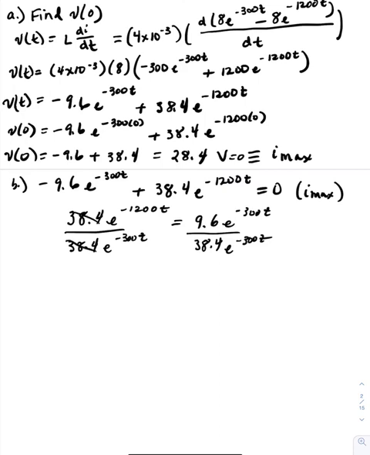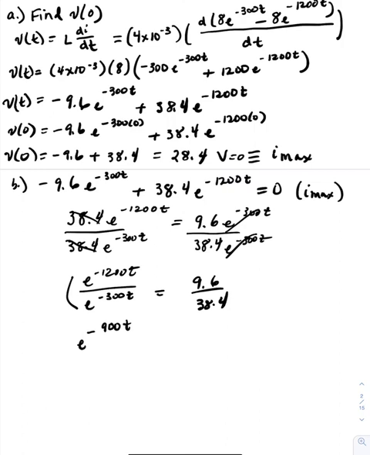So this would cancel out here, and this one would cancel out here, and we're left with e to the minus 1200t over e to the minus 300t is equal to 9.6 over 38.4, and this side is e to the minus 900t is equal to, let's see, 9.6 divided by 38.4 is 0.25.